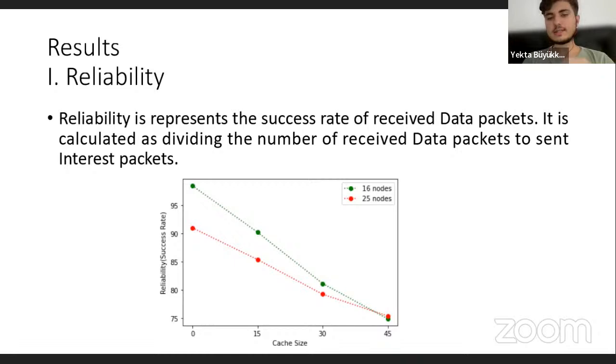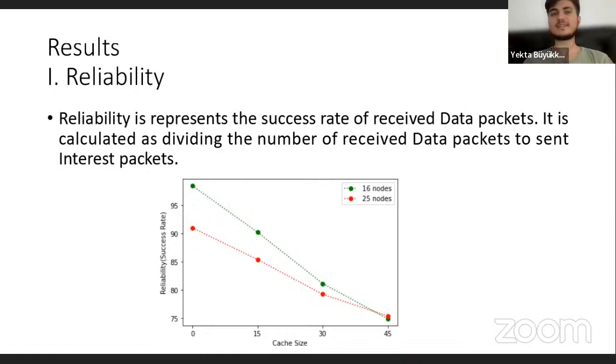As you can see from this graph, as the cache size grows, the reliability of our network decreases. This was actually an unexpected result, because you would think that as the cache size grows, reliability would increase. We thought that would happen, but in reality it did not.